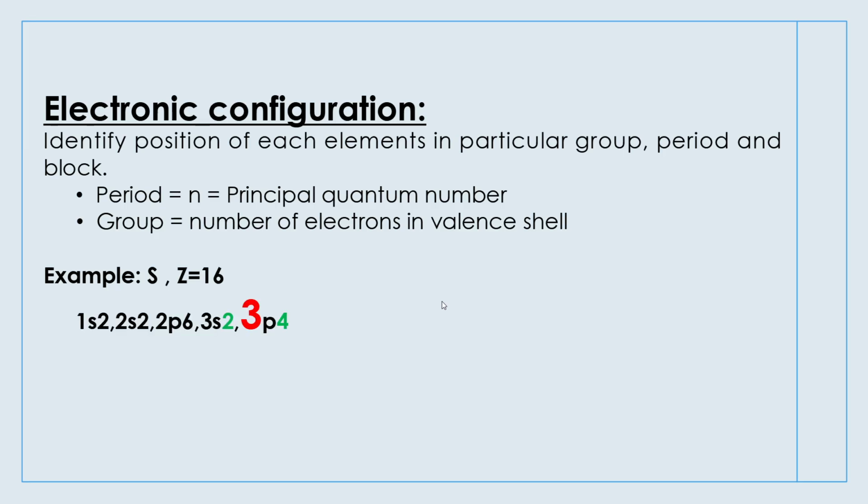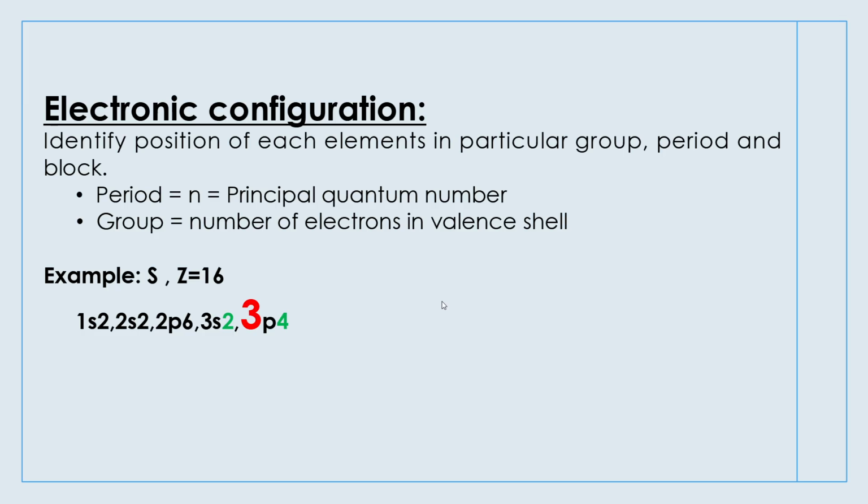So we write the electronic configuration, which is 1s2, 2s2, 2p6, 3s2, 3p4. Here you can see that the principal quantum number, the energy level, the numeric value which is highlighted in red is 3. It means sulfur belongs to the third period. And if you watch closely, the third energy level has 2 orbitals, which are S and P. It shows 3s2 and 3p4.